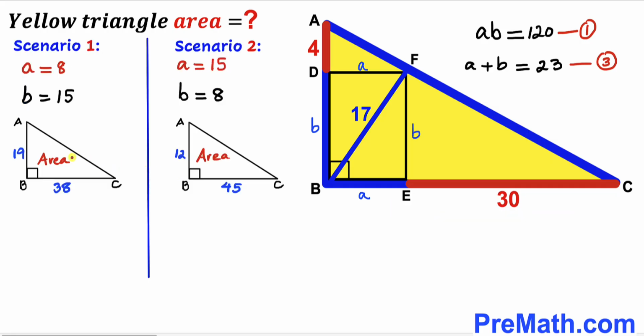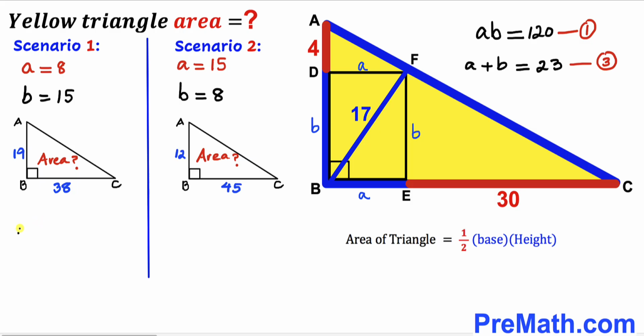And now we are going to calculate the area of the triangle in this scenario 1 and the scenario 2 as well. And now let's recall the area of a triangle formula. Area is always equal to a half times base times the height. So therefore, for this scenario 1, the base of this triangle is 38 and the height is 19.